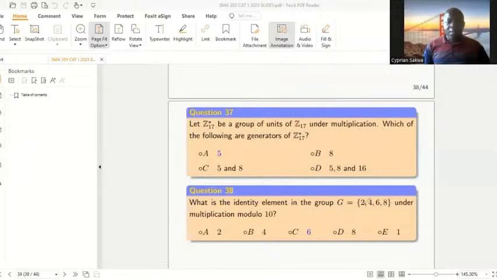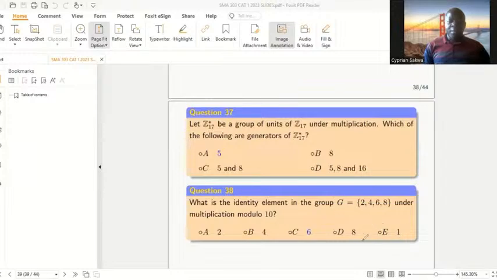What is the identity element in this group? For this question, most people thought it would be 1, but 1 is not even a member of this group. How can an identity not be a member of the group? 1 is the identity element of a multiplicative group.